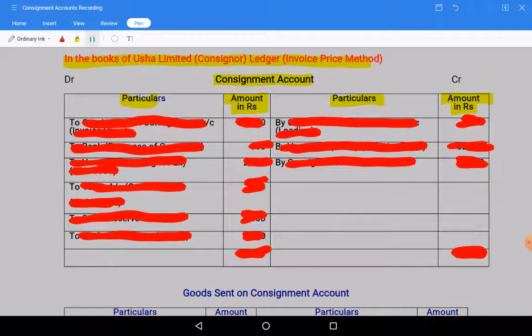So here we will write to goods sent on consignment, at invoice price we need to take. What is the invoice price? We have calculated in working note 1, that is 37,500. Whenever invoice price value is taken, on the opposite side another entry will come, that is goods sent on consignment account debit to consignment account.